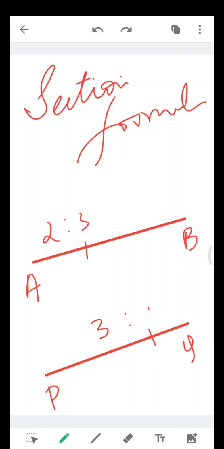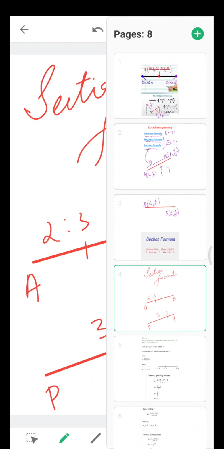If the line segment is divided in the ratio 3 is to 1, 2 is to 3, any ratio, but not 1 is to 1. 1 is to 1 is midpoint.